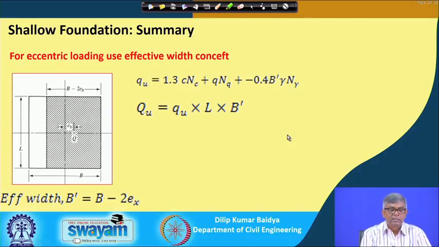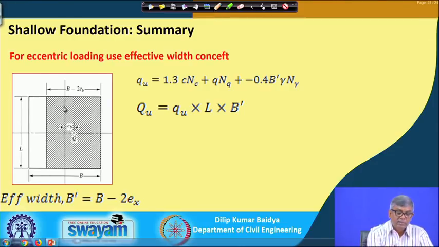Next is eccentric loading. When the footing is loaded eccentrically, the effective width concept can be used. Suppose this is the footing area. If the load is applied at the center, it is concentric and will have uniform pressure, but if the load is applied somewhere else, then it is eccentric.